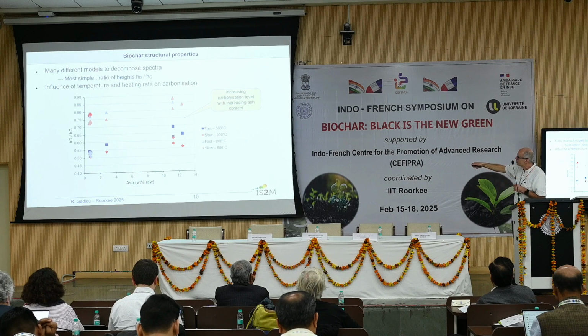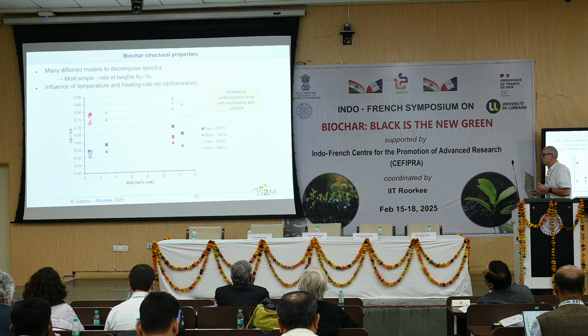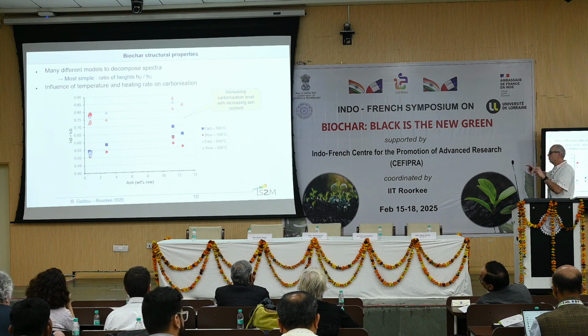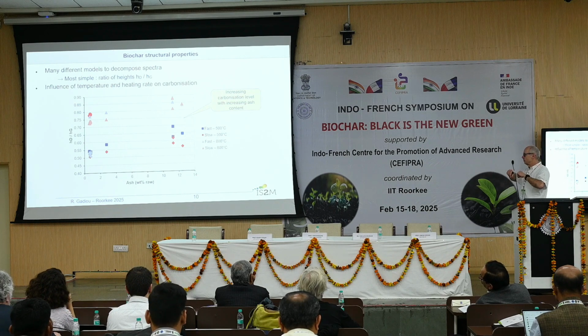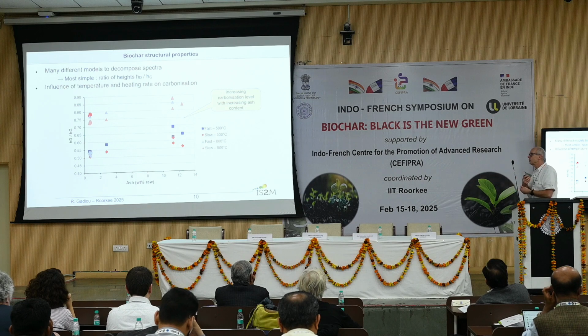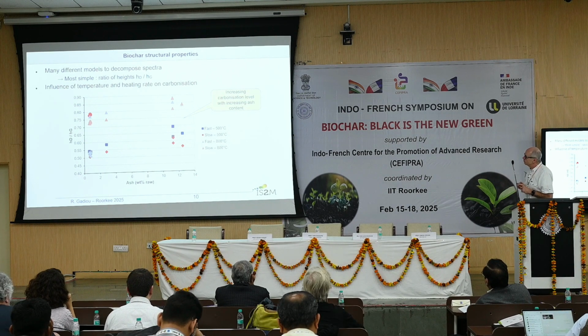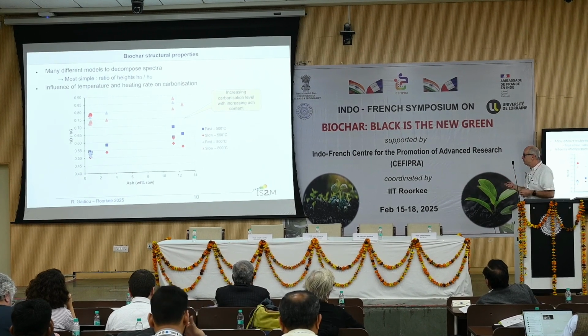And so we see that by increasing the heating rate, in most cases, we have an increase of the carbonization level. So this may be related to a quicker evolving of the volatile matter and release to secondary reactions. So Raman is very nice to analyze the structure.